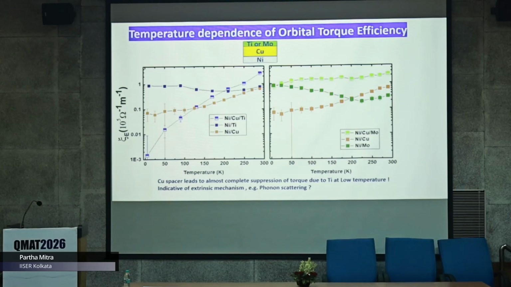You see that copper actually suppresses the entire enhancement to almost zero. This is a log scale, by the way. So at room temperature, copper enhances the torque efficiency, but at low temperature, it actually suppresses it all the way to zero. So copper is something very special in terms of its spin orbit coupling behavior, and that needs to be looked at more.